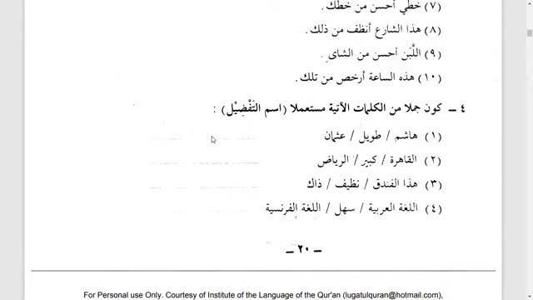So now we have to make sentences by ourselves using اسم تفضيل. We have Hashim, we have طويل and Uthman. So what will be it? هاشم أطول من عثمان.